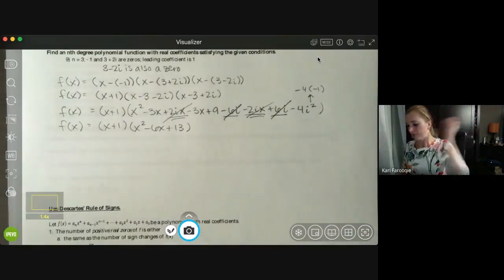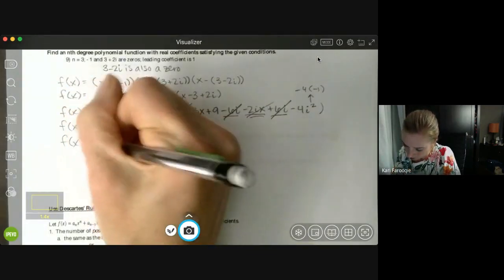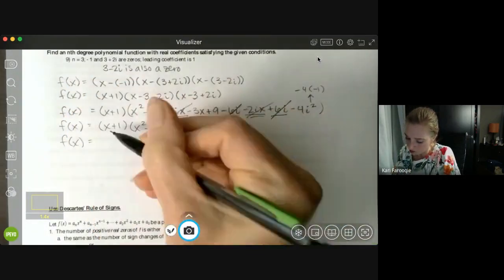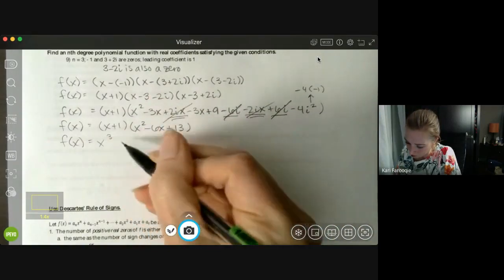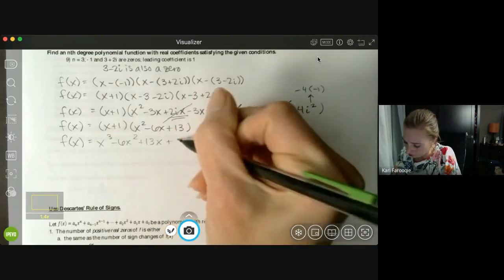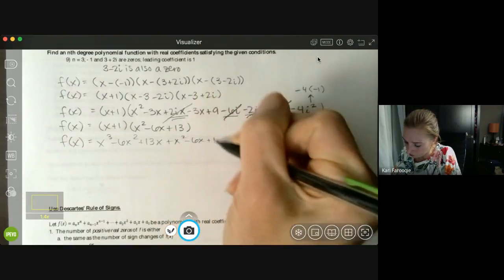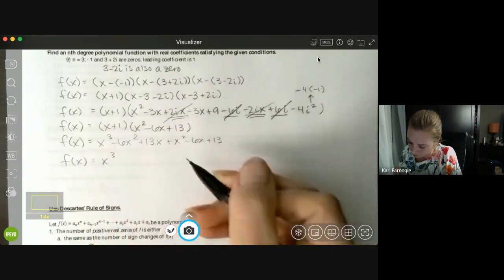Okay. Now we are almost done. F of x equals, we'll go ahead and multiply x plus 1 into this trinomial. So we have x cubed minus 6x squared plus 13x plus x squared minus 6x plus 13. And then we'll simplify.